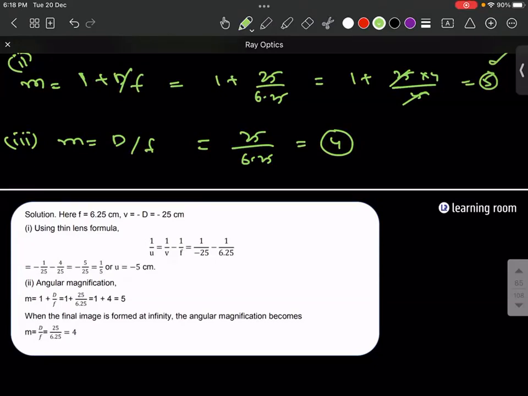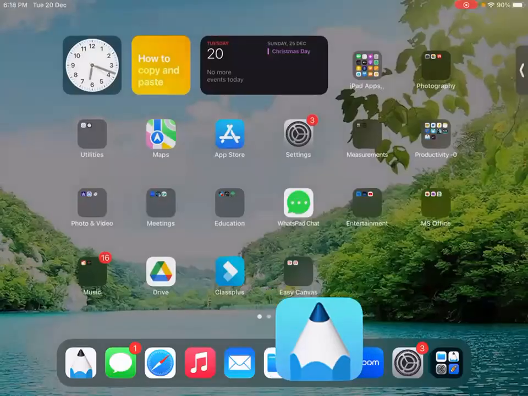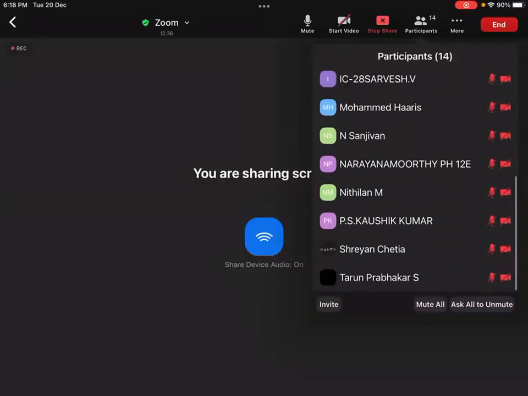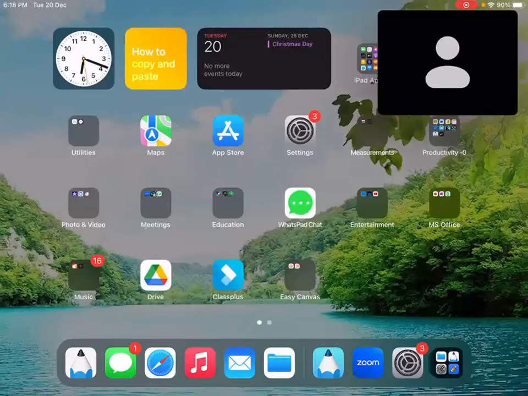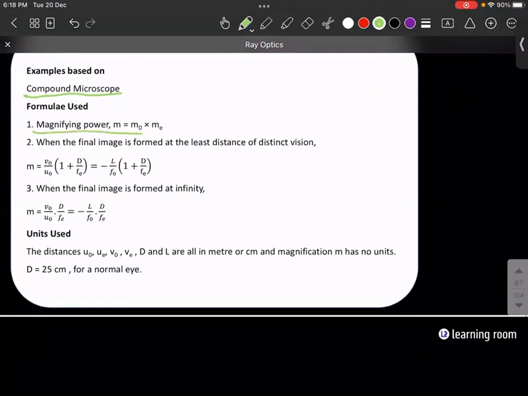Next, we'll see some problems based on compound microscope. See, magnifying power for a compound microscope is given as the product of magnification of the objective and the eyepiece.